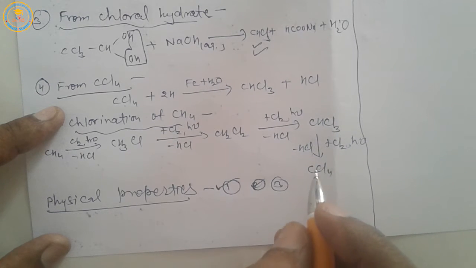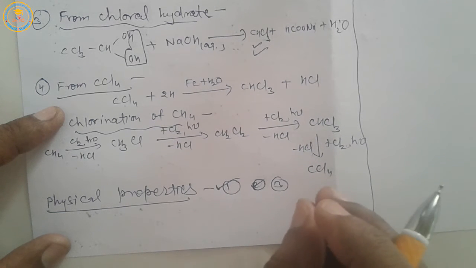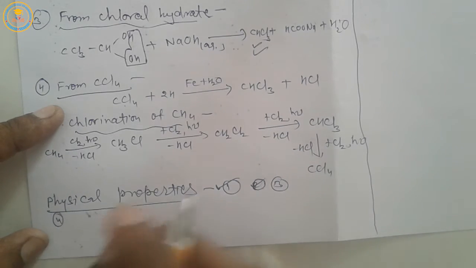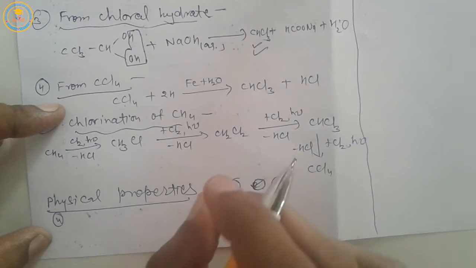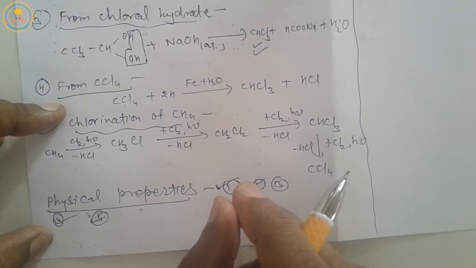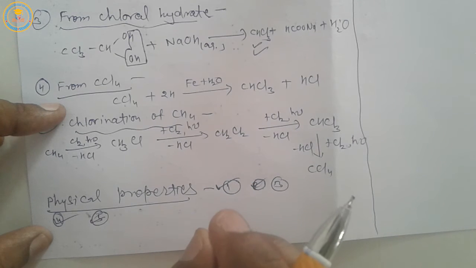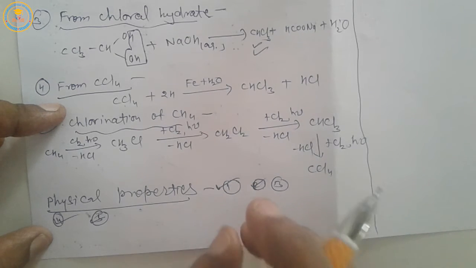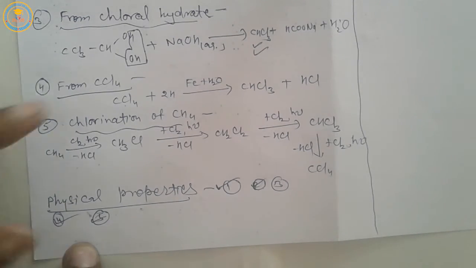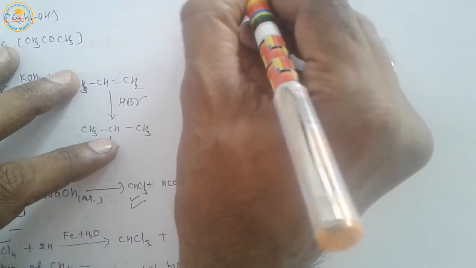Third point, it is sparingly soluble in water and heavier than water. Fourth point, its BP is 334 Kelvin. And the fifth and last point is, the vapors when inhaled cause unconsciousness.